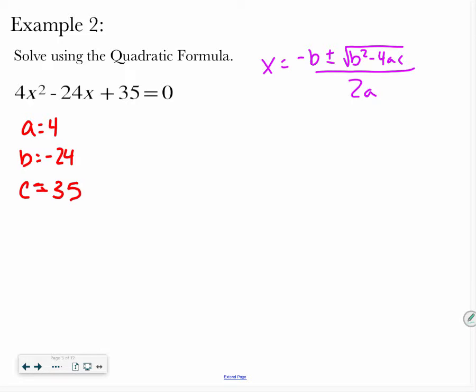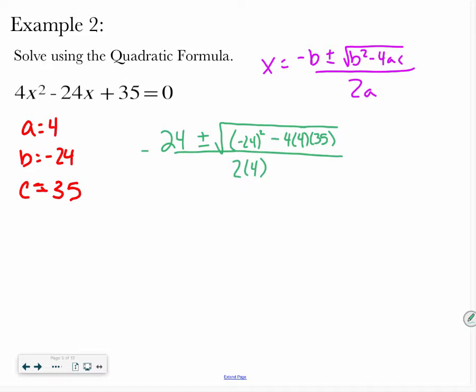So if I plug that in, I have 24 plus or minus the square root of negative 24 squared minus 4 times 4 times 35 all over 2 times 4. And if I keep simplifying, this becomes x equals 24 plus or minus, if I simplify everything inside there, you should get 16, all over 8.